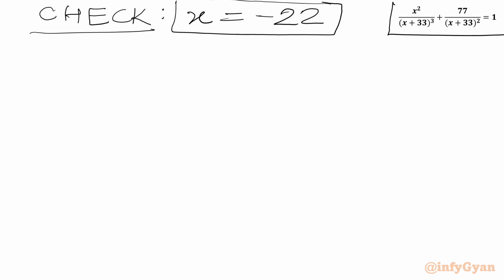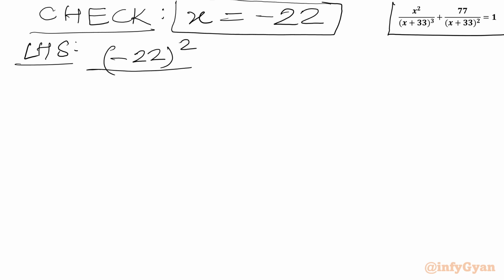Equation is here. So let me begin with LHS. x square, so I will write minus 22 whole square over minus 22 plus 33.